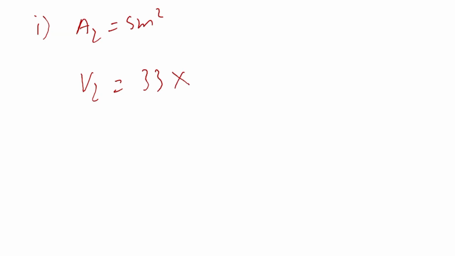Your area 1 was 10 meters square, and you divided by 5 meters square. So this should be simple algebra. 10 by 5 is 2. So this comes out to be 66 meters per second. So that's as straightforward as that. So velocity comes out to be 66 meters per second.